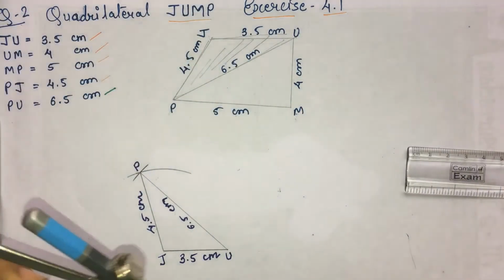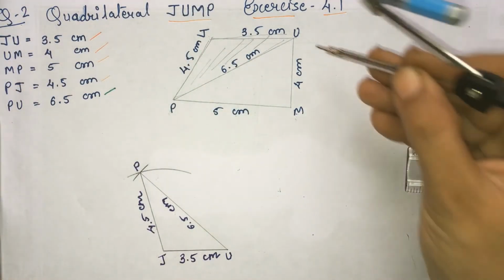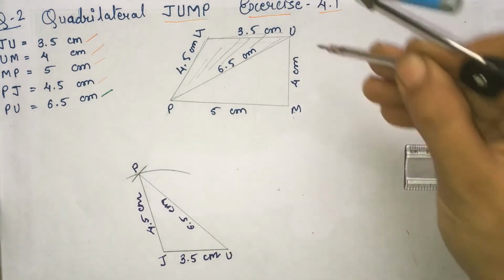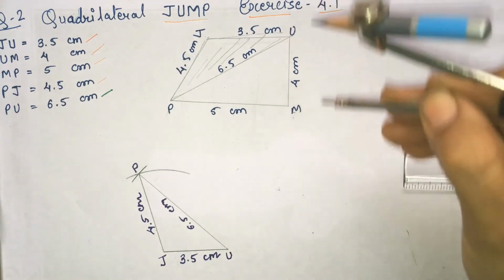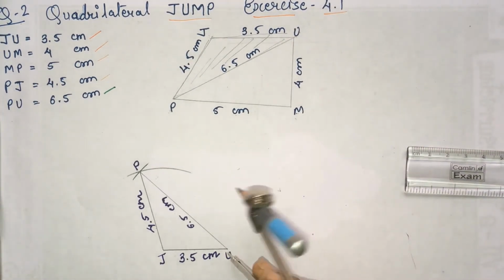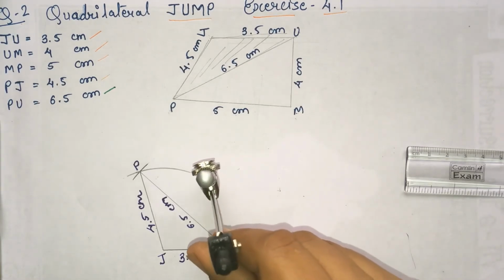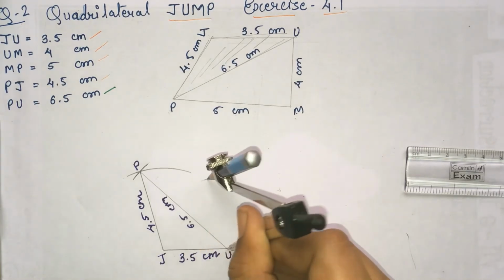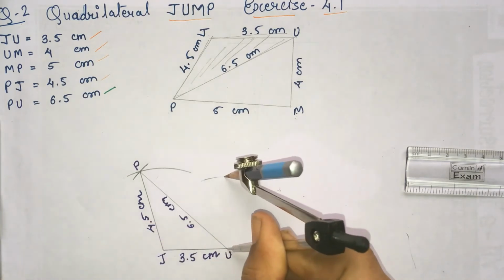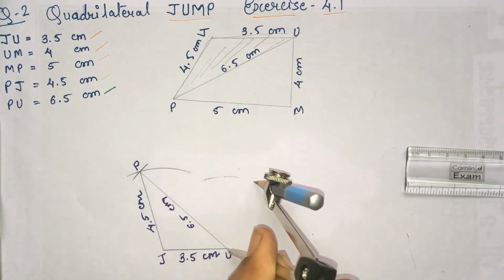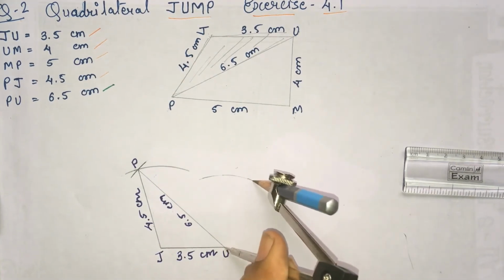Okay, so now from U, because we have to draw UM, from U we will draw an arc with the radius of 4 centimeter.